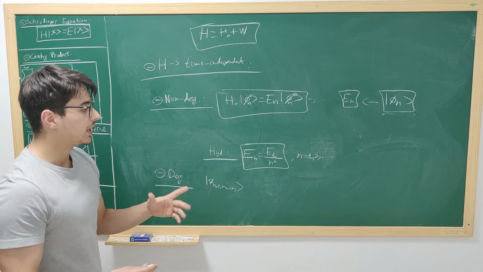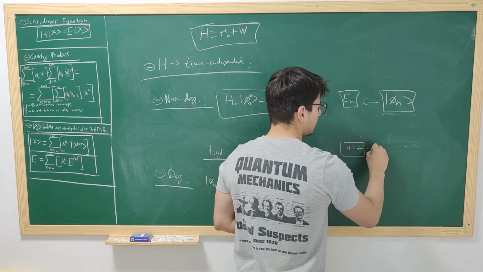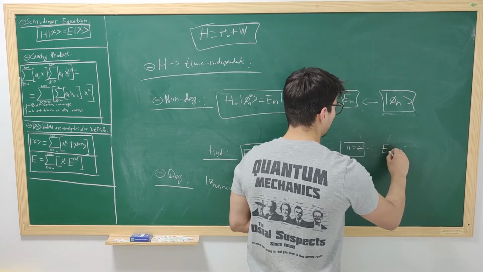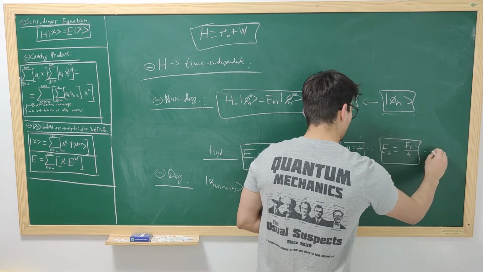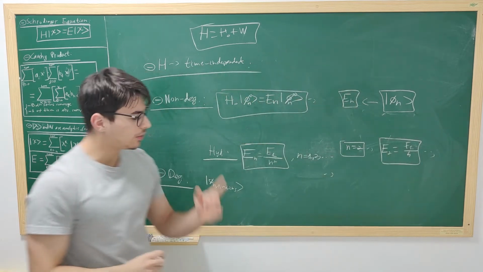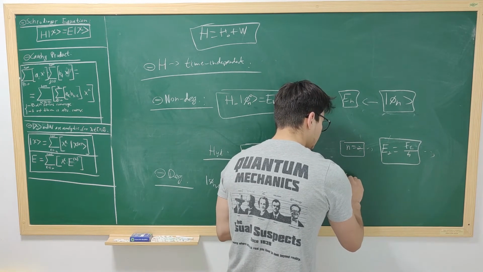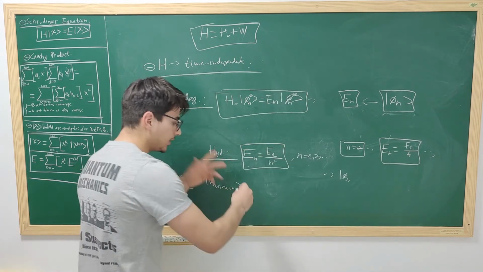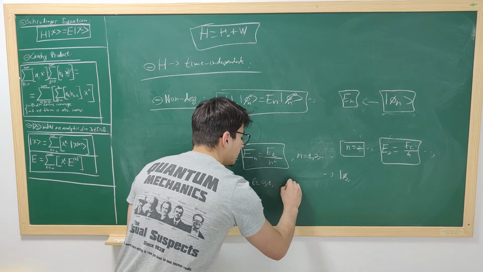So what does this mean? Well, let's say that I have n equals 2. Then, of course, my energy can only be E2, which is E1 over 4. Now, is there only one eigenstate? Well, let's see. We have phi 2, but what is L? It's not the point of this video, but L goes from 0, 1, and so on, up to n minus 1.